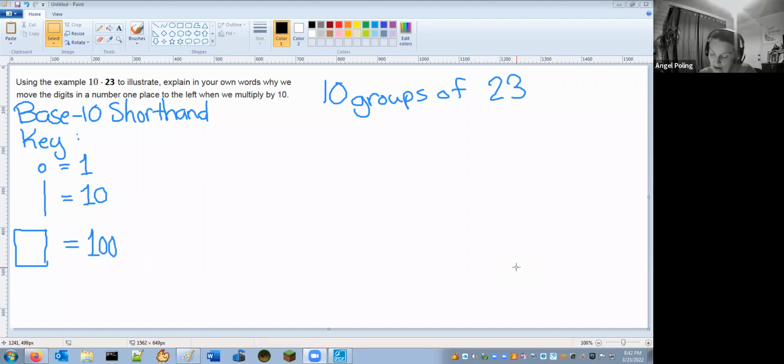Now, we are asked to illustrate using 10 groups of 23 to show why we move the digits in the number one place to the left when we multiply by 10. So let's look at what they mean.